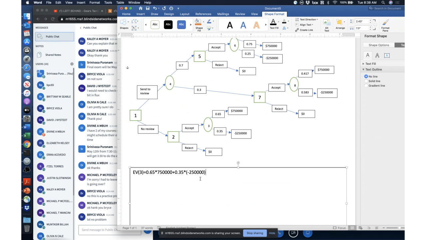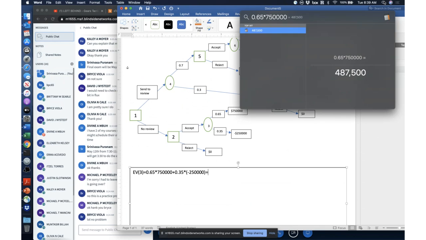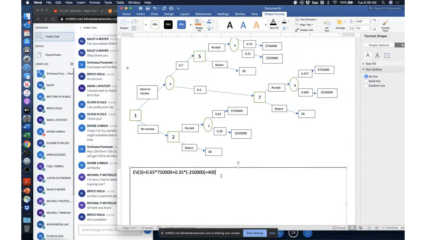That will be 400K. So that's the expected payoff of accepting the textbook with no review. Without any review, the expected payoff here is 400K.